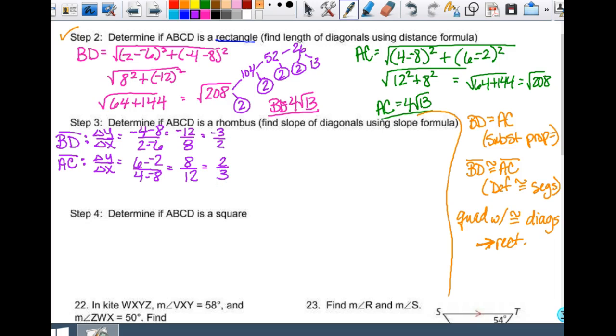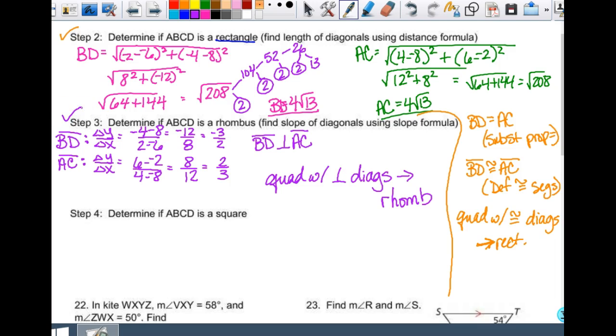What this tells me, since their slopes are negative reciprocals, is that line segment BD is perpendicular to line segment AC. So then I can say that if you have a quadrilateral with perpendicular diagonals, then it is a rhombus. So I have shown that it is a rhombus.